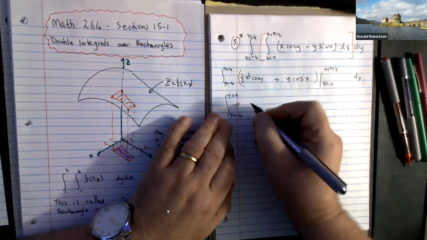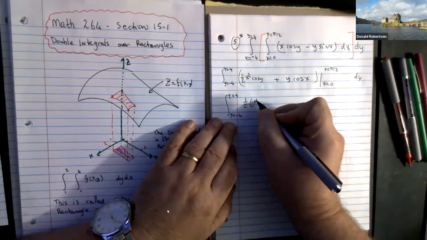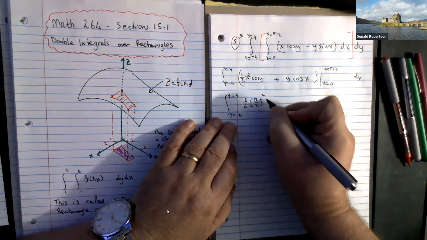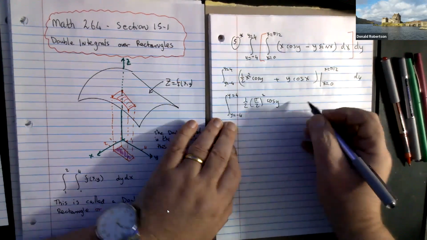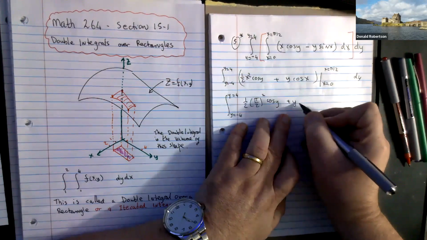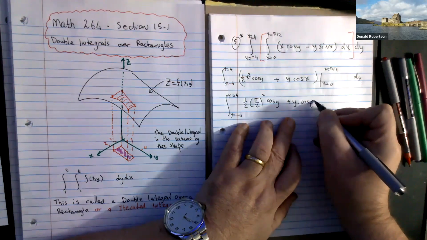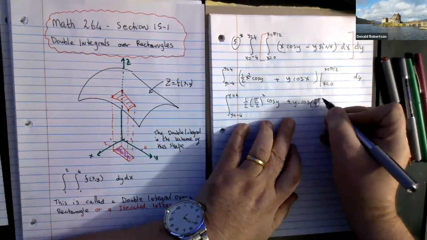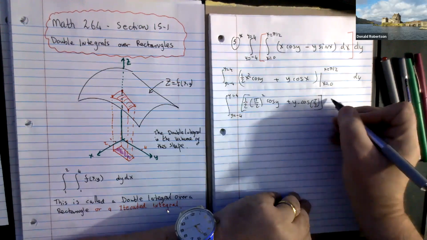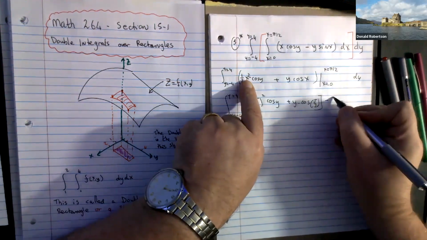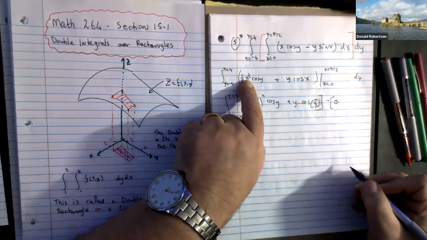If you plug in pi upon 2 here, you get 1/2 pi upon 2 squared cosine y plus y times the cosine of pi upon 2. Take away, if you plug in nothing here, it doesn't really matter what the rest is, you get nothing.